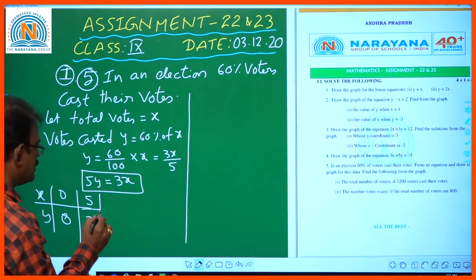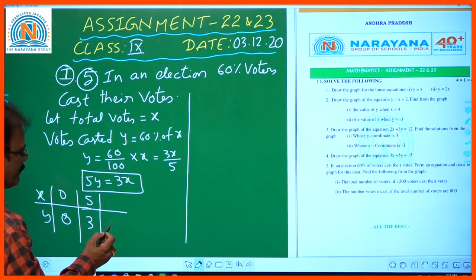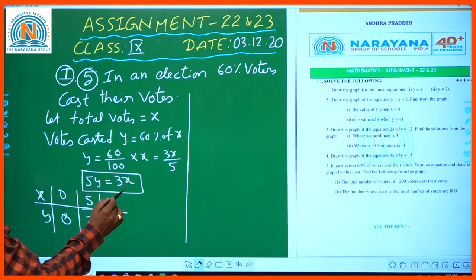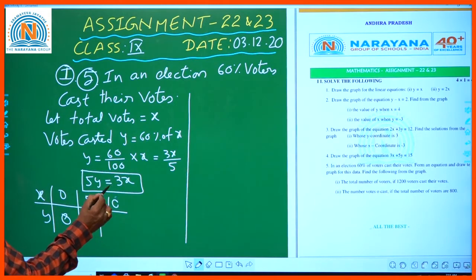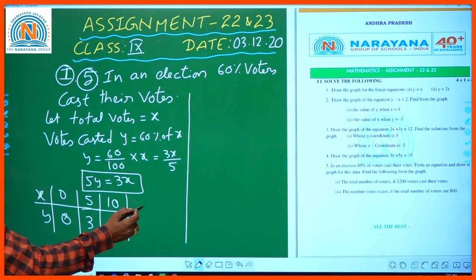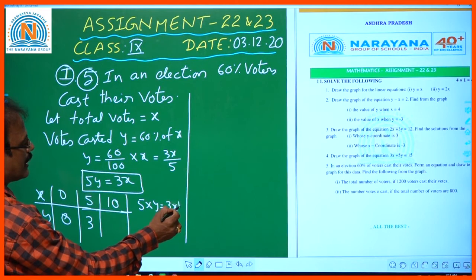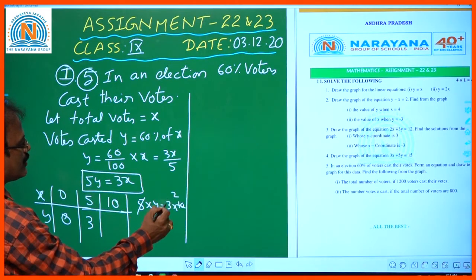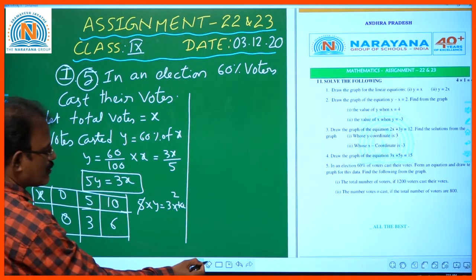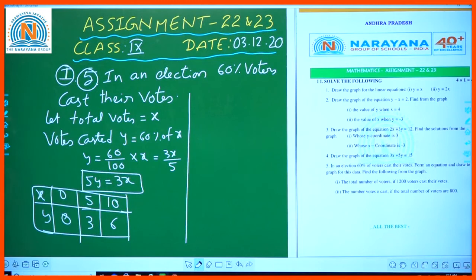Next, when x is equal to 10, what about y? See, 5 into y is equal to 3 into 10. So 5 cancelling 10 2 times, 3 2 are 6. Like that we consider some points which satisfy the given equation.